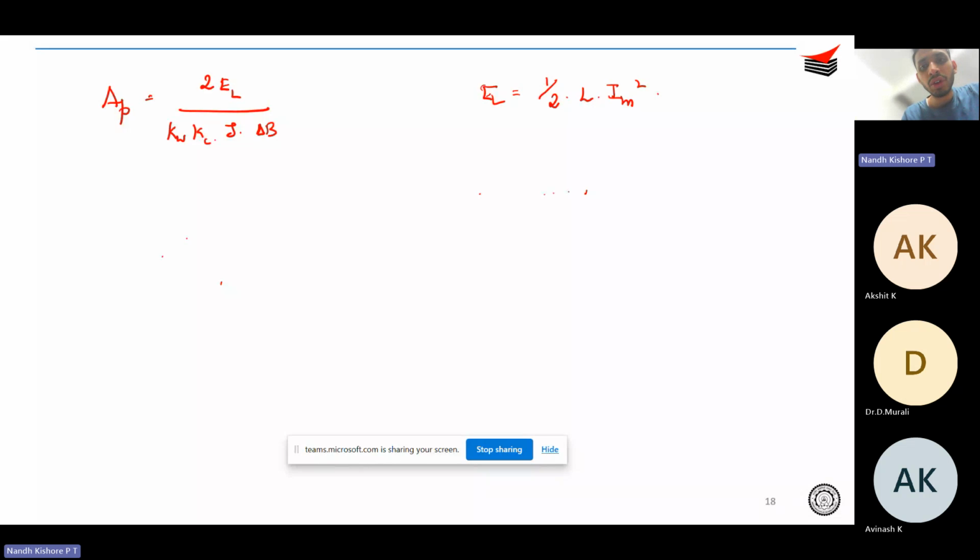You know what L is, and you will know your I average. In a boost converter, IL average is I in. The relation between IL average and I in is that Imax divided by I average is the crest factor, so Imax by I average is equal to Kc.